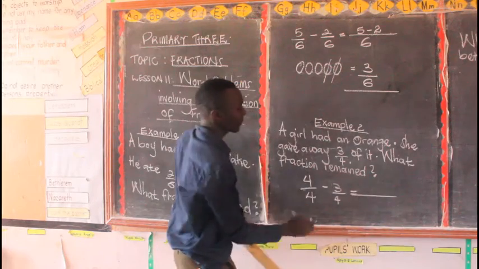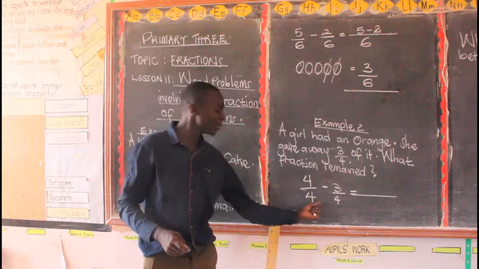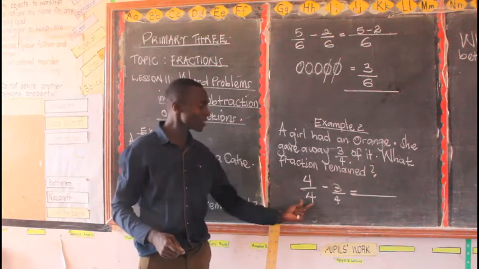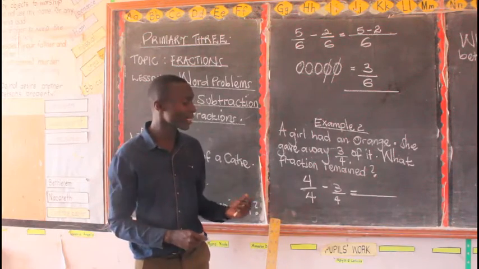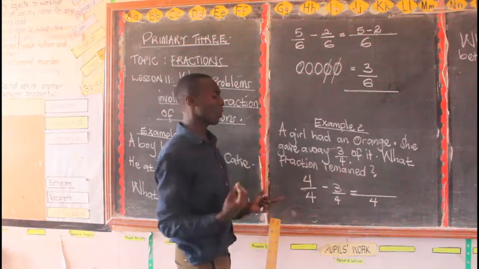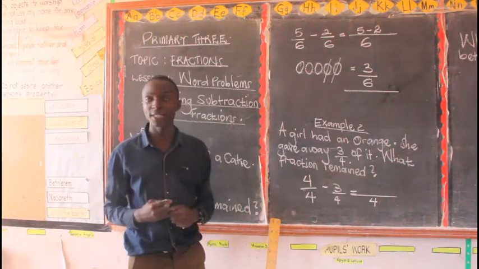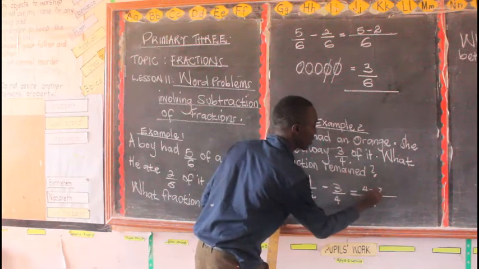Put your line here. What is our common denominator? Our common denominator is 4, because here we are seeing 4 and here we are seeing 4. So let us now subtract our numerators: 4 minus 3.